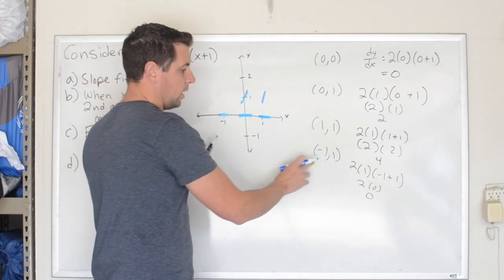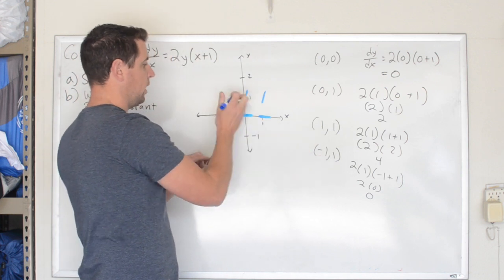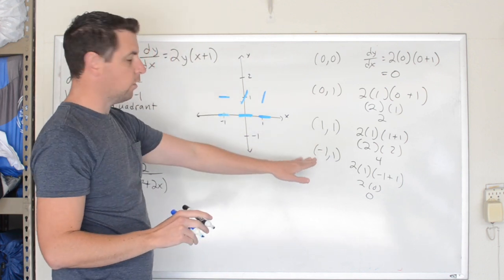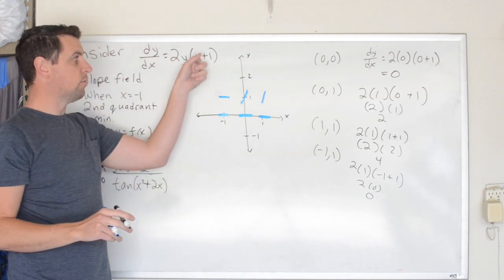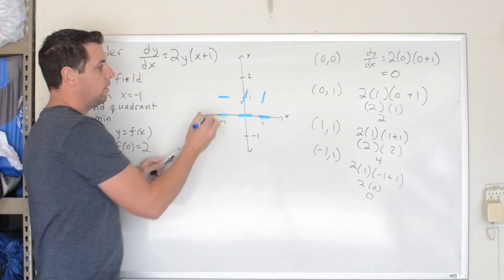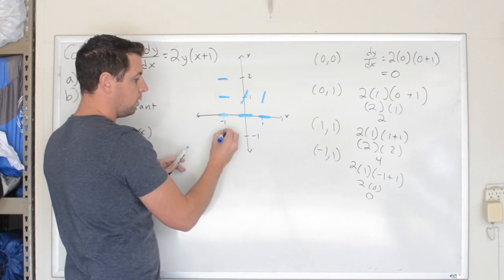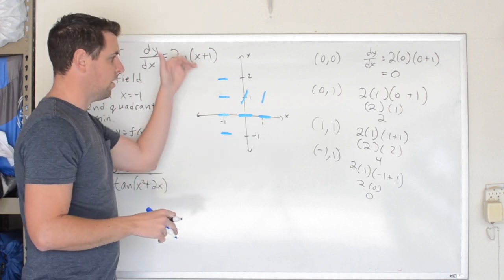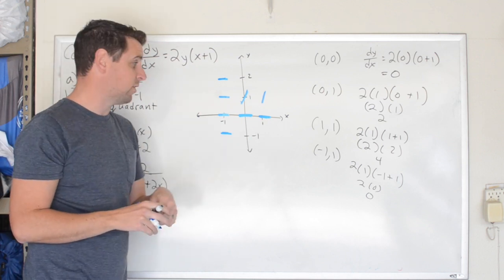And so at (-1, 1), I got 0. And then really quickly I realized, oh, if I put x equal to -1, that's going to make this number 0. So anywhere x is -1, that's going to give me a 0 slope here and a 0 slope here. All that does is it makes my process of doing this go a little bit faster.